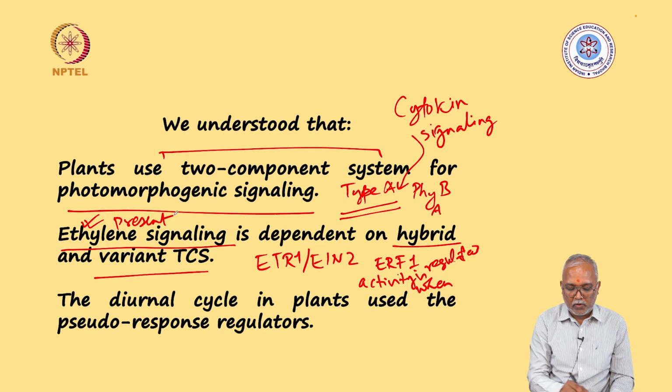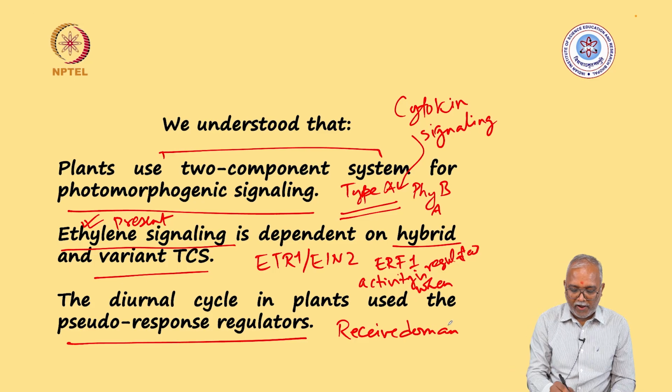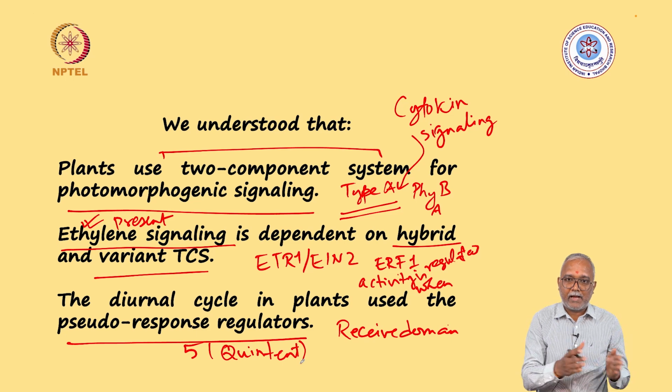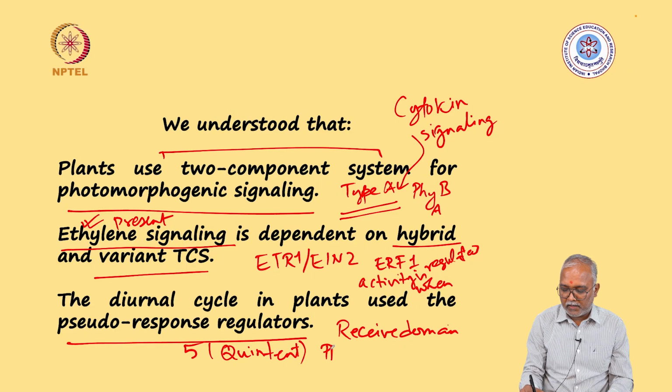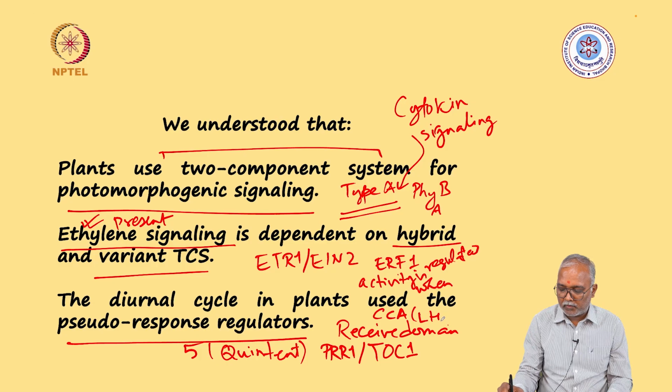And then we saw how pseudo response regulators, which are variant in their receiver domain, five of them, a quintet, have their expression correlated with the day time, the period, the amount of light and so on, and one of the PRRs, PRR1, also looked like a true oscillator component in combination with CCA or the long hypocotyl gene.